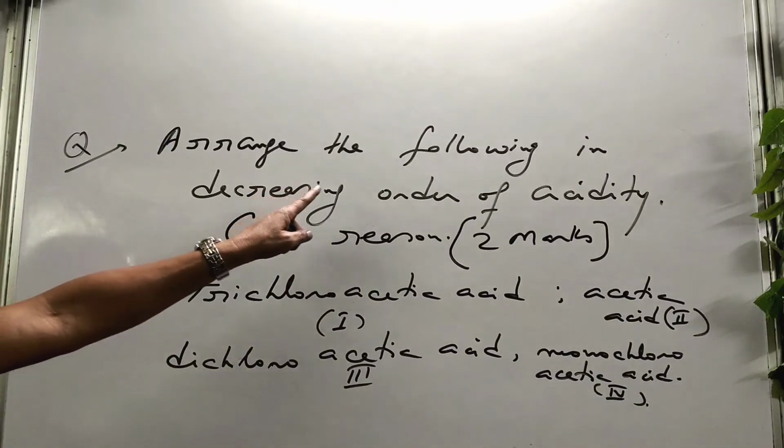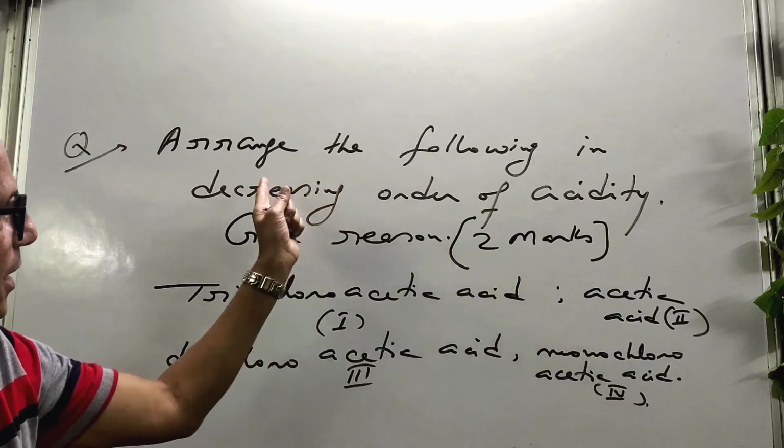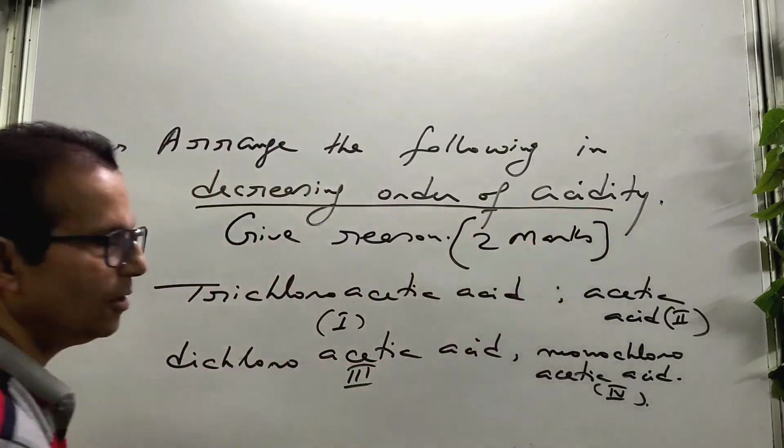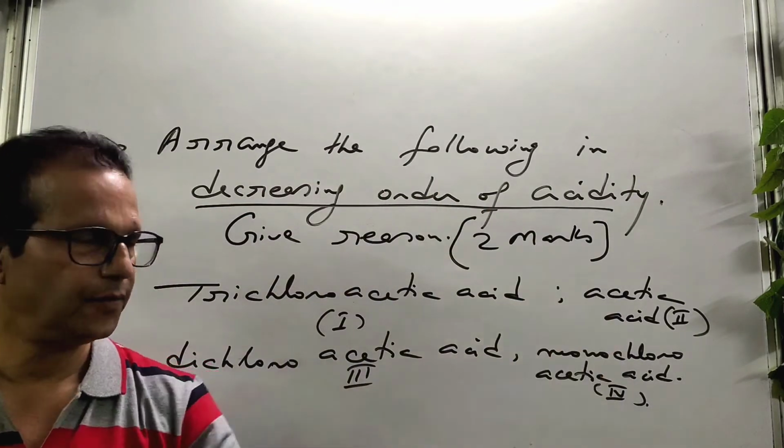See the question, arrange the following acids in decreasing order of acidity. Decreasing order means highest acidic to least acidic.